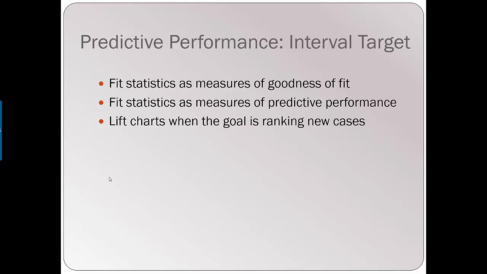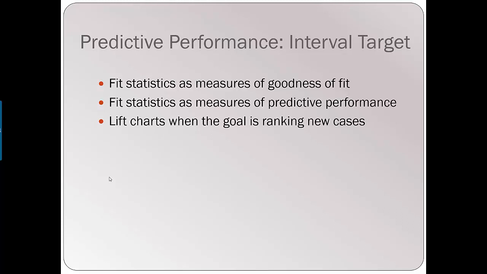So fit statistics can be used as goodness of fit measures, or you can use that as predictive performance. We will look at the difference between these two in just a few minutes. What's the difference between fit statistics as measures of goodness of fit and fit statistics as measures of predictive performance?